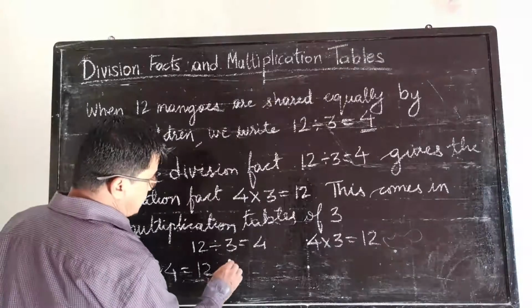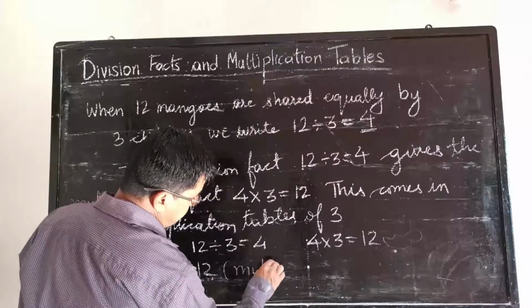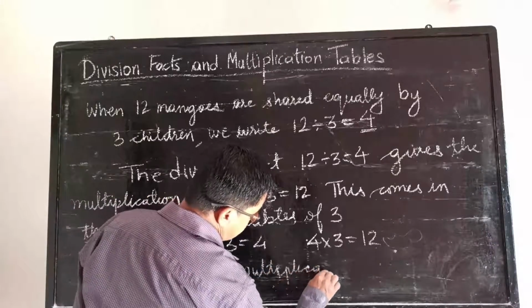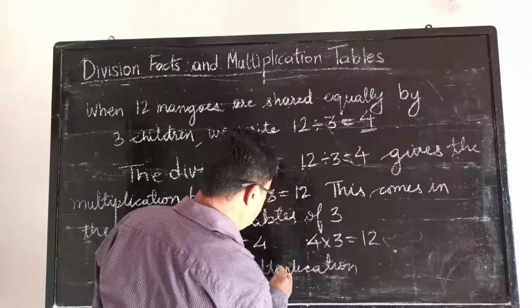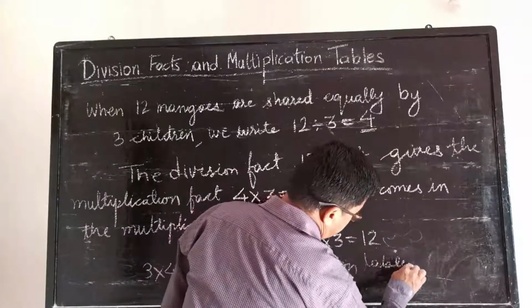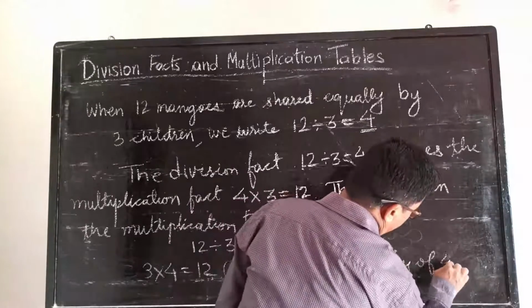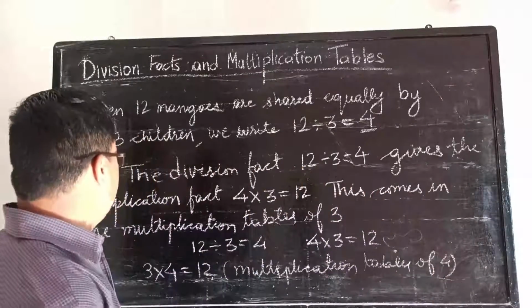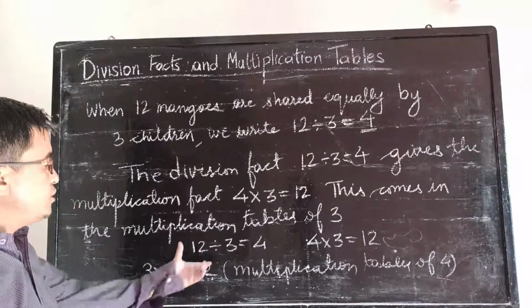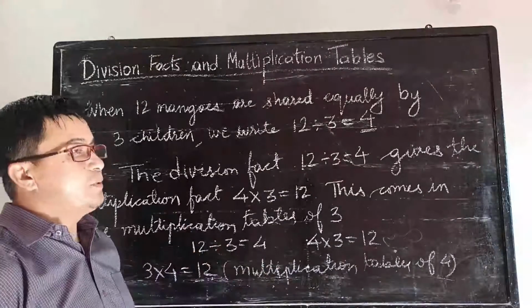So we can write 3 into 4 is equal to 12, and this comes in the multiplication tables of 4. When you write, 3 4s are 12. So for each division fact there are 2 multiplication facts.